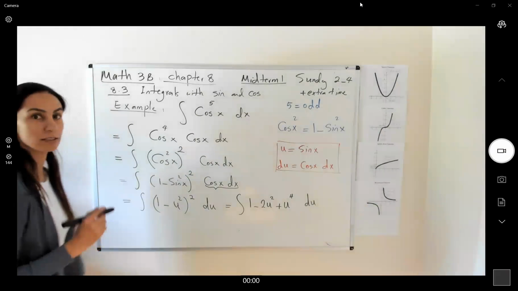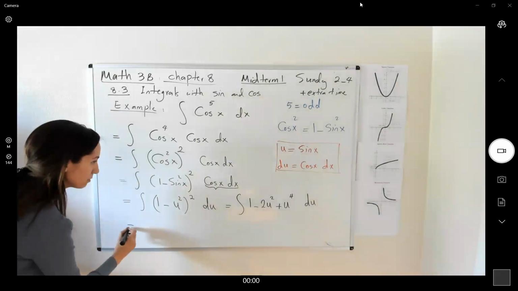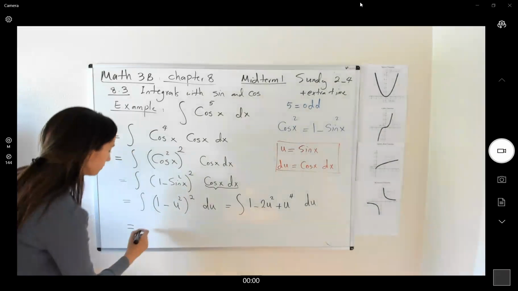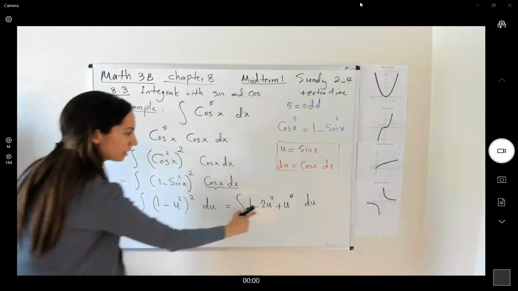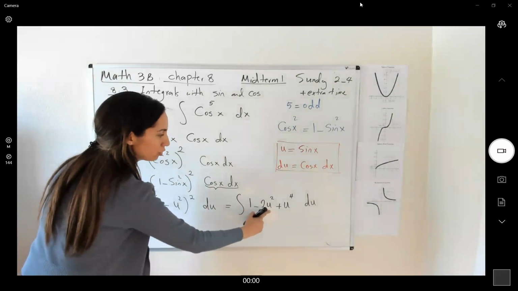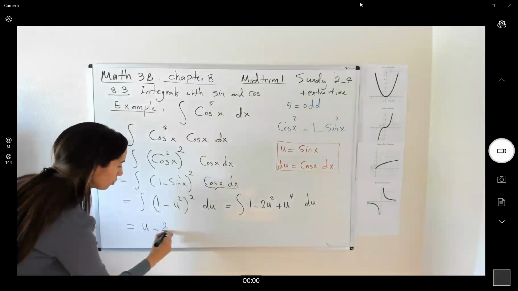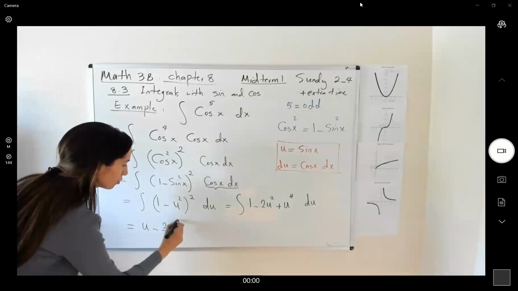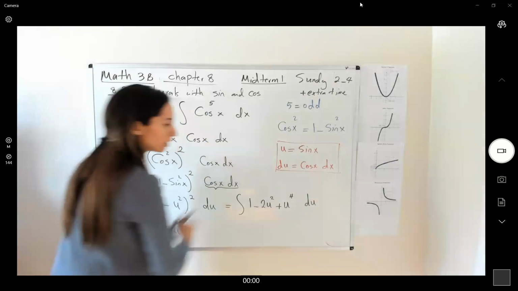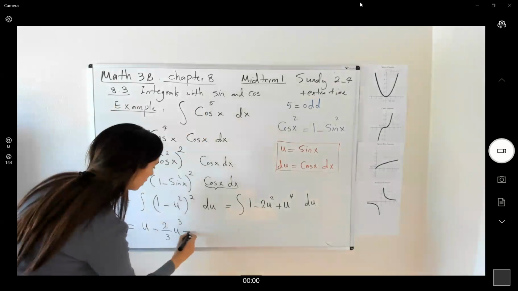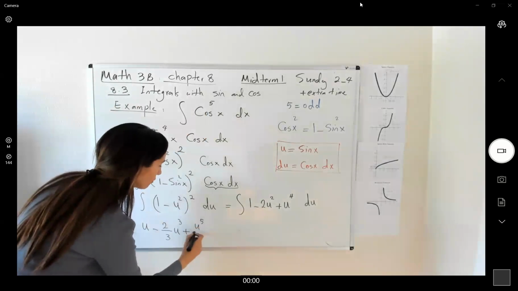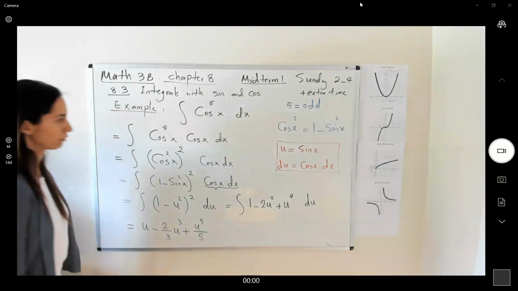By using the power rule, you get the integral of 1 is u, the integral of 2u squared is minus 2/3 u to the third, and the integral of u to the fourth is u to the fifth divided by 5.